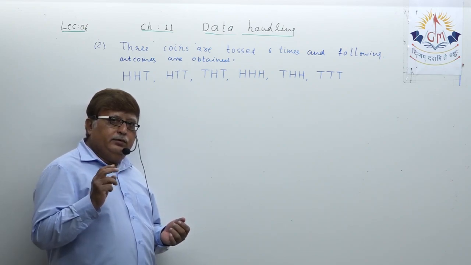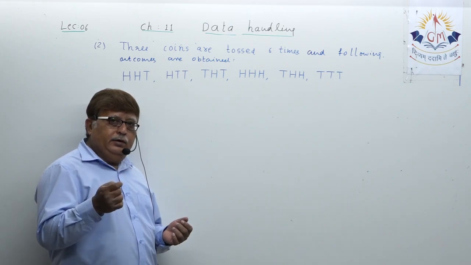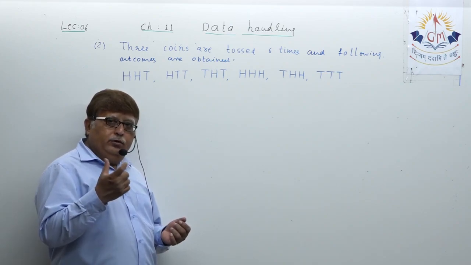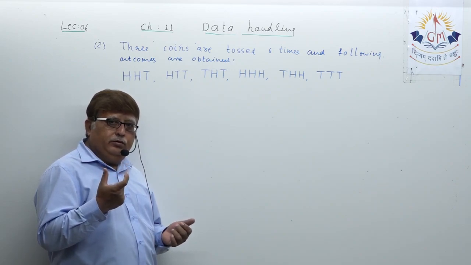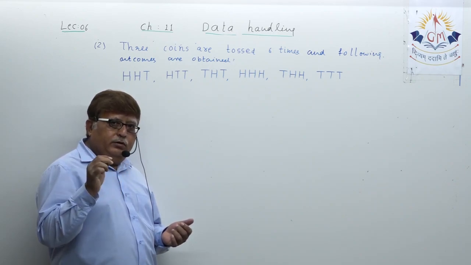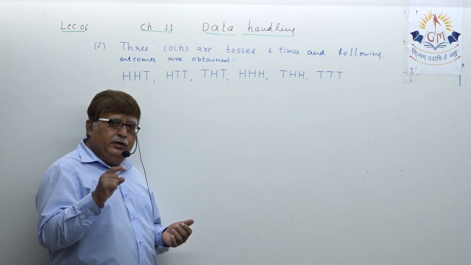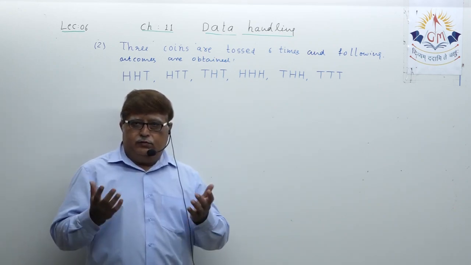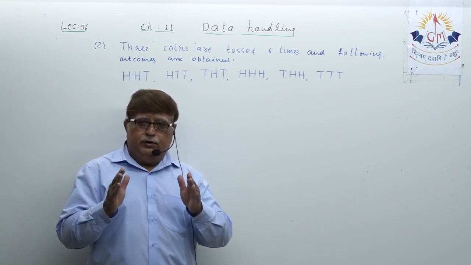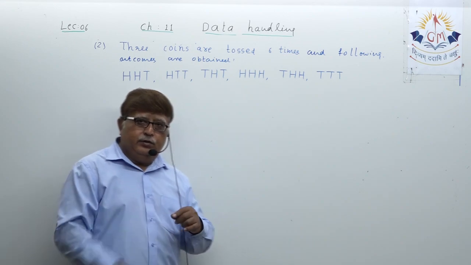When you are taking three coins and you are tossing, each outcome will have three observations, because you are observing the result of each and every coin. Every time you will get an outcome consisting of three results, one for each coin.